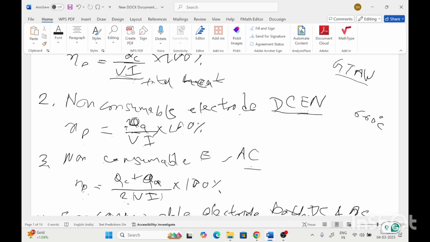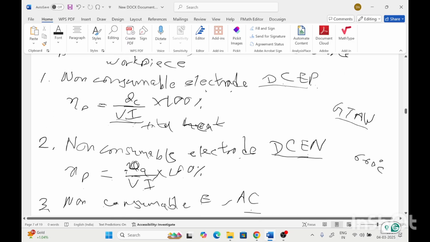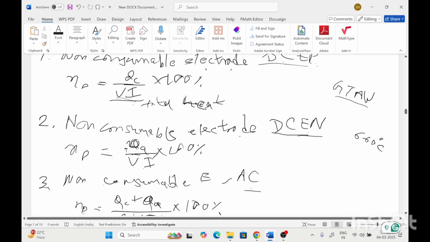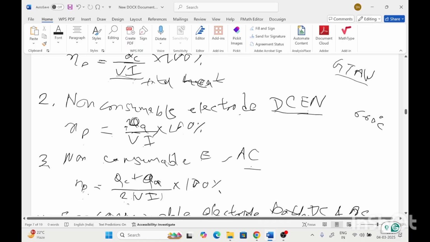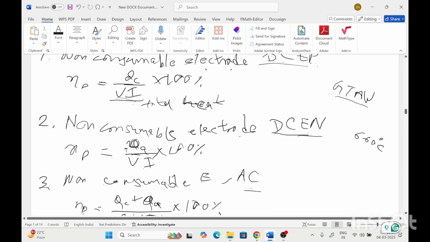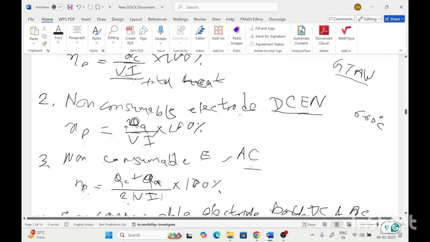In the DCEP case, the electrode is positive, so positive ions will come from the electrode to the workpiece. Those positive ions will strike the workpiece and clean the aluminum oxide layer. But at the same time, electrons will leave the surface of the workpiece, so that has less efficiency.